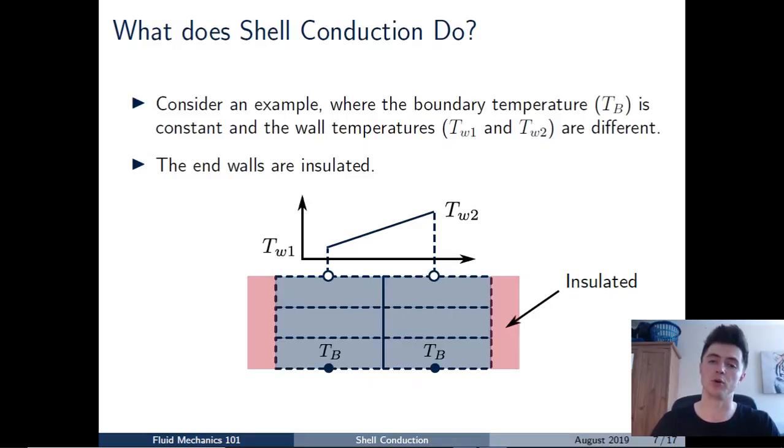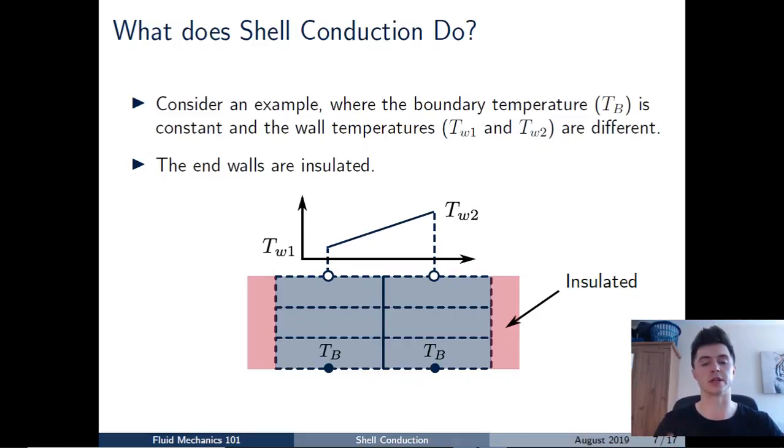For this example, the ends of these shell conduction elements are insulated. This is the case in a real fluid flow problem where we have one boundary with shell conduction applied, which is connected to another boundary that doesn't have shell conduction applied to it.